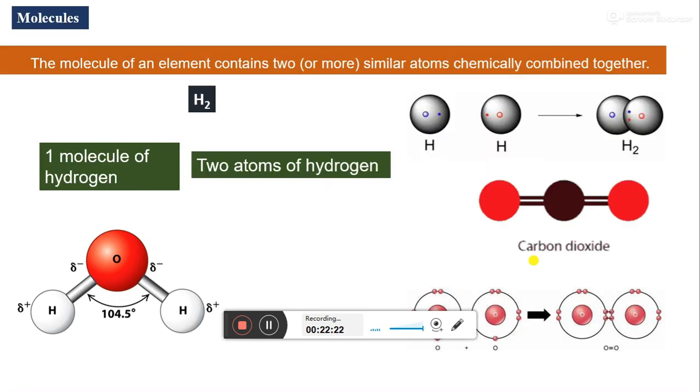Now, what do you mean by molecule? The molecule of an element contains two or more similar atoms chemically combined together in a fixed ratio.